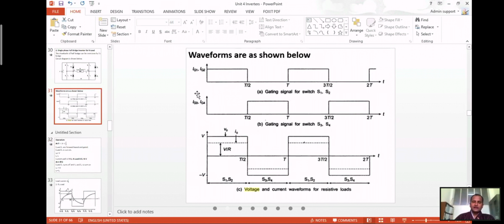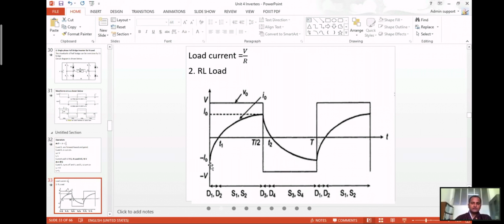Similar to this, the load current can be V by R. If we have an RL load, an inductive load, then it will start from the negative peak current, negative I0.